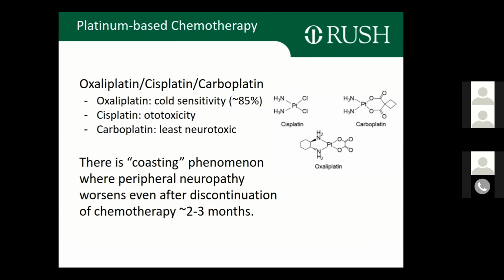These symptoms peak a couple of days after the infusion and improve over that first week. There is some mixed data on whether it improves completely back to normal or there's some residual deficit, but definitely something to look out for. This is thought to be due to chelation of calcium.